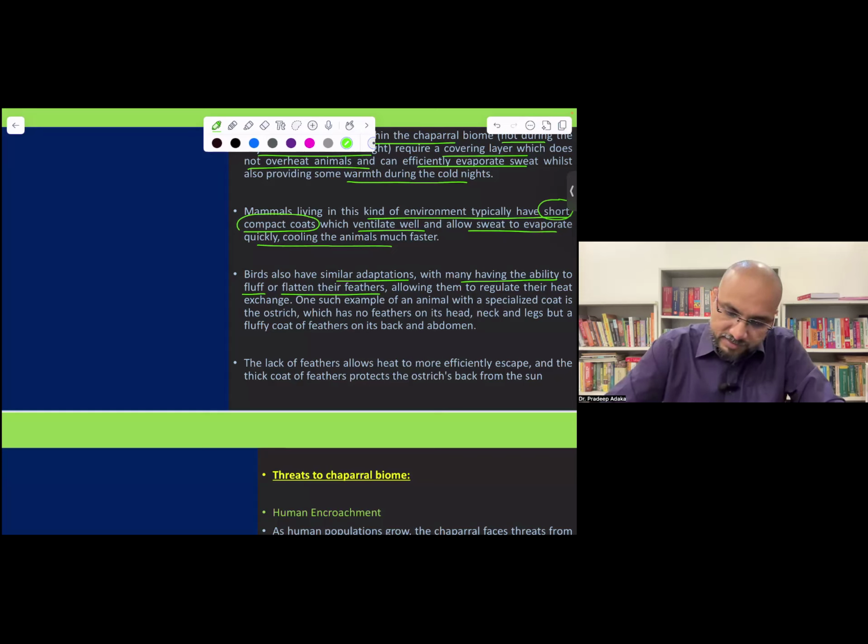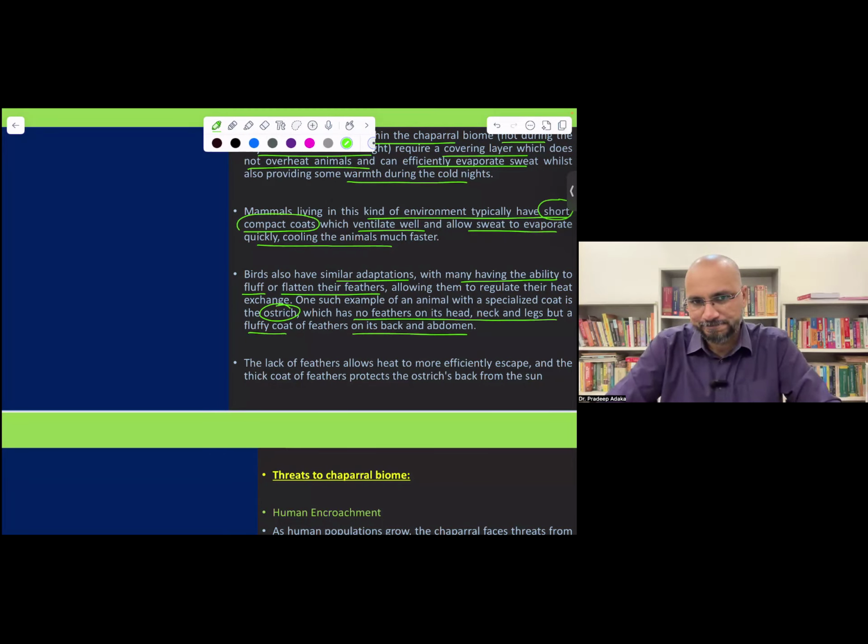One such animal is your ostrich, which has no feathers on head, neck, and legs, but has a fluffy coat of feathers on its back and abdomen. So it can control the temperature. From the head, legs, and neck, it can lose heat very easily, and it can keep the animal's belly warm during the night time.